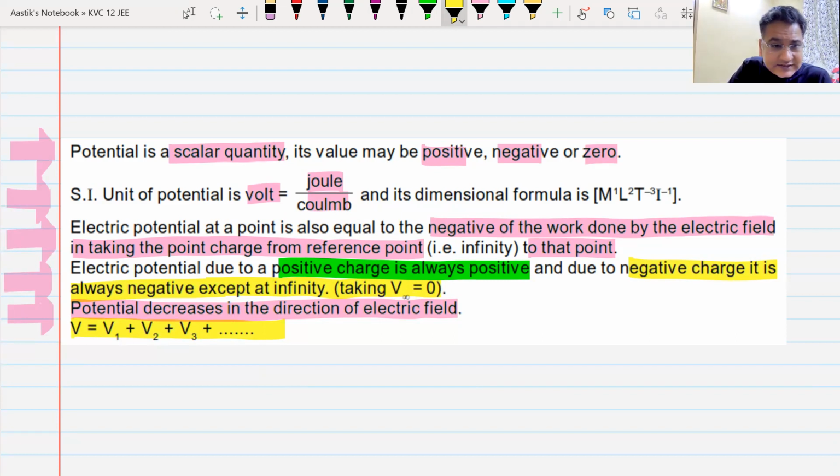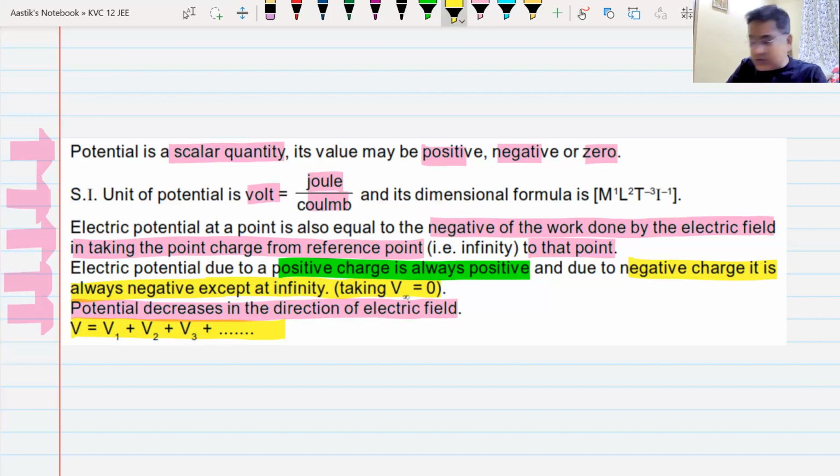Do we understand this? We call this the superposition theorem. You can write it if you want to.